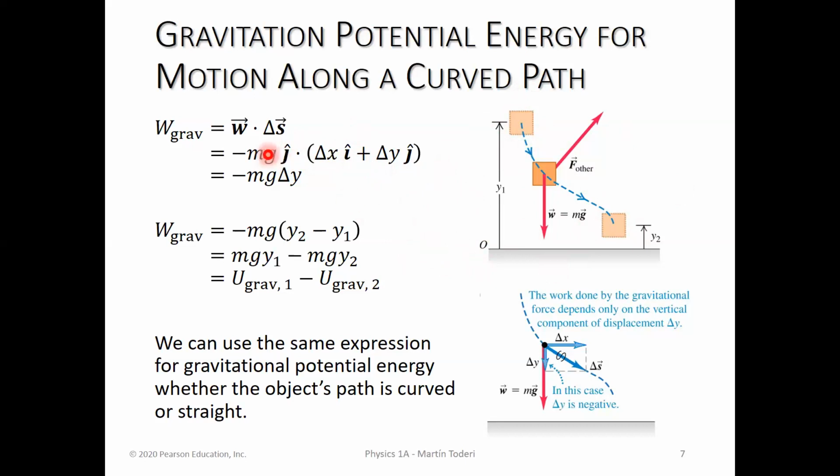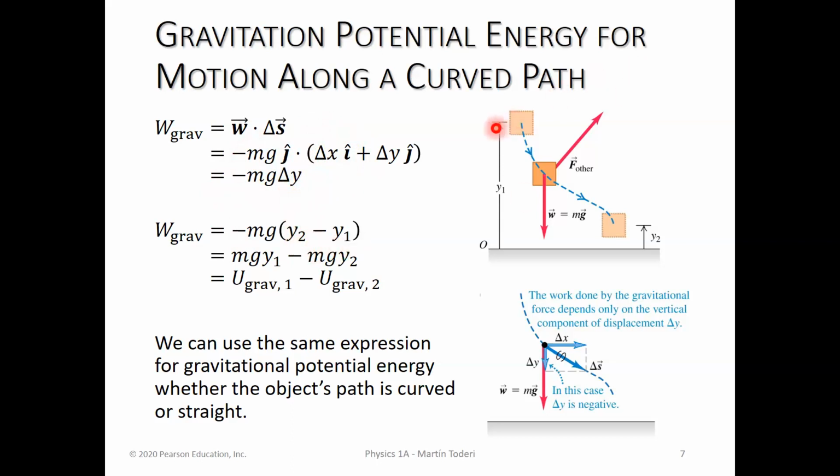So we can write the displacement in terms of the projections of the displacement onto the coordinate system, and you can see that we have only a component on the y-axis. So this will give us just a component on the y-axis, meaning that the work of the weight does not care at all about the displacement on the x-axis.